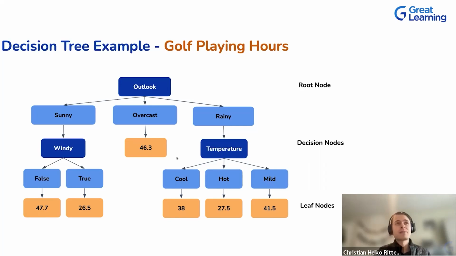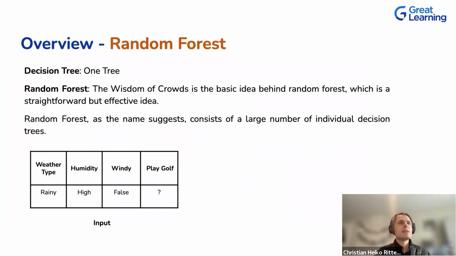So we leave the algorithm the choice in regards to which variables to use and which decision to make. Here we have again the weather type, for example rainy, humidity high, and windy false. You could build a decision tree based on those 3 weather-related variables, and then have an output from the tree.